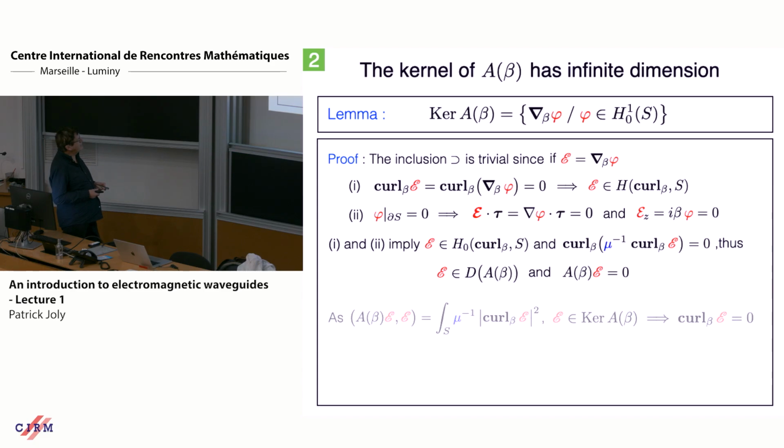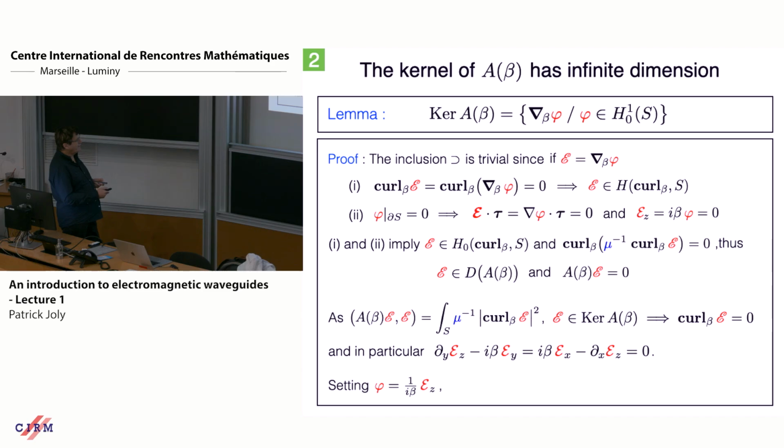And reciprocally, if you start from something which is in the kernel of A of beta, because of this formula, being in the kernel implies that the curl beta of E is 0. But if you remember that, these are the two first components of the curl beta operator. So you have these two equalities.